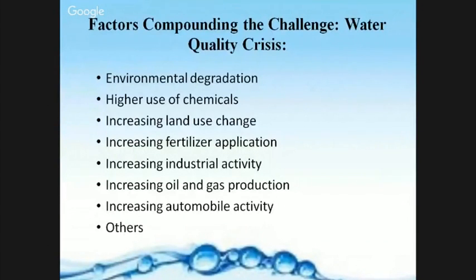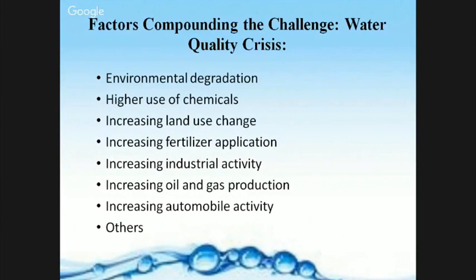Another one is large scale agricultural practices with fertilizer or pesticide application. Changes in land use create a change in the quality of water which runs off. Increasing oil and natural gas production changes the quality of water.